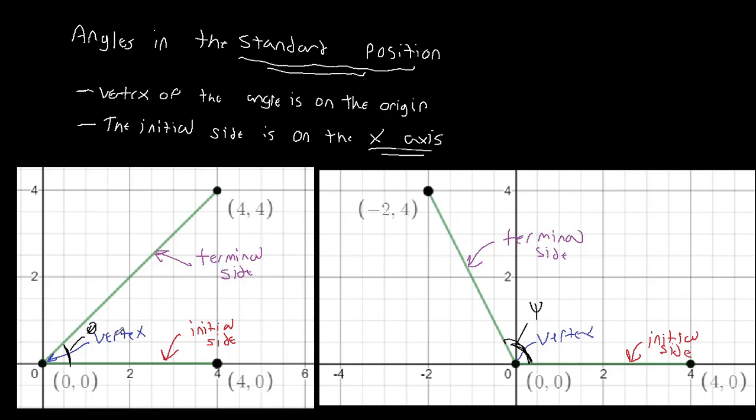If we're going to measure theta and phi, we would start at the initial side and measure the rotation to the terminal side. Hopefully that makes sense. This is just to set up this definition of the standard position. If any of this was confusing, I strongly encourage you to reach out.